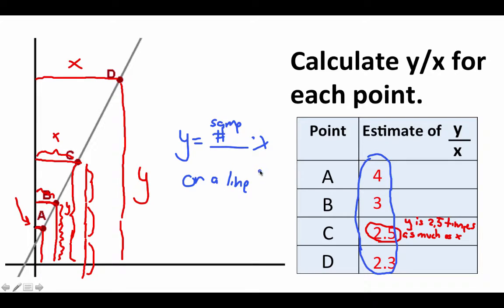Absolutely not. Sometimes it's 4 times as large, sometimes it's 3 times as large, sometimes it's 2.5 times as large. This is 100% not true.